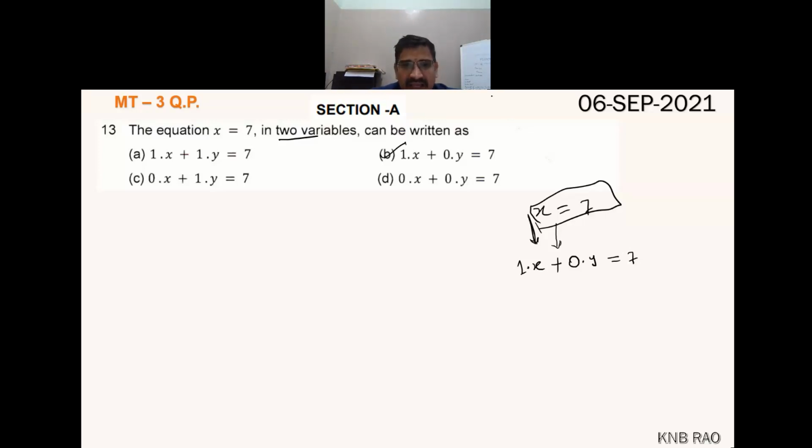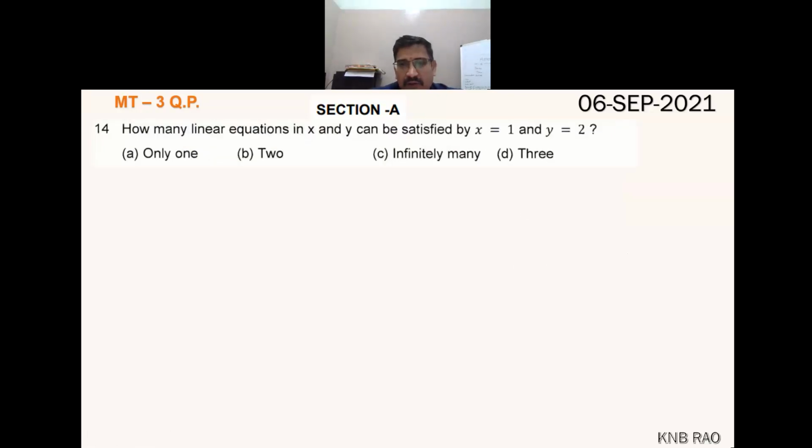Then moving on to question number 14. How many linear equations in x and y can be satisfied by x equals 1 and y equals 2? That means I have a point (1, 2).